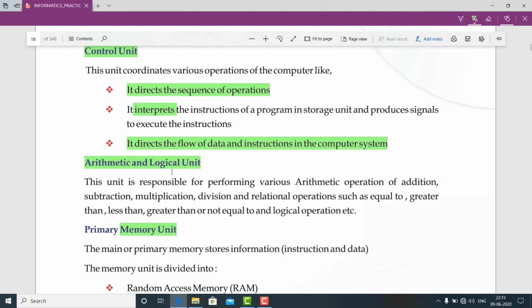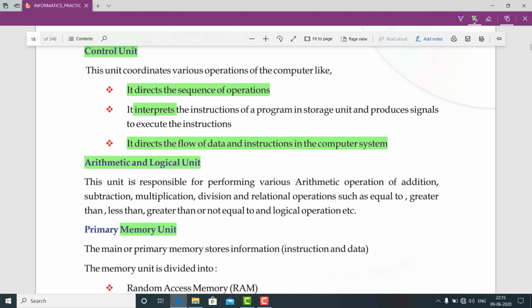Clear? So these are the operations we perform in arithmetic. And what is logical? Logical means relational operations, means equal to, greater than, less than, greater than or equal, or not equal. So these operations are performed by the arithmetic and logical unit.